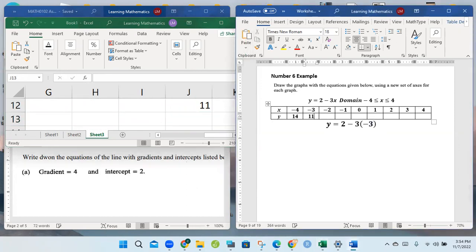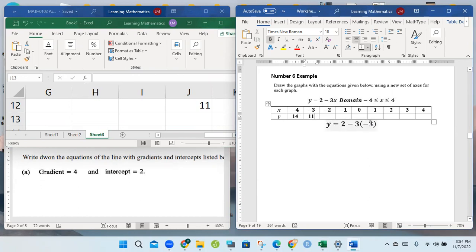And this ties in nicely with the gradient. The gradient is -3. So each time we increase x by 1, the y value will decrease by 3. As you can see, 14 went down to 11. Take 3 from 11. That should give us 8, but let's prove it.